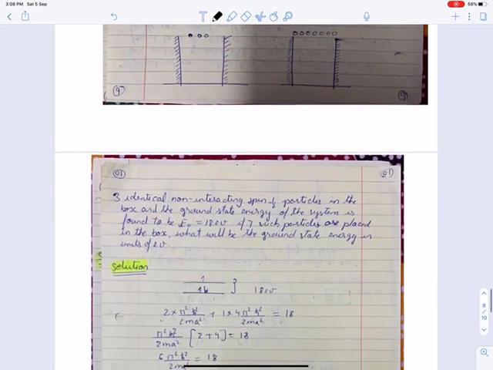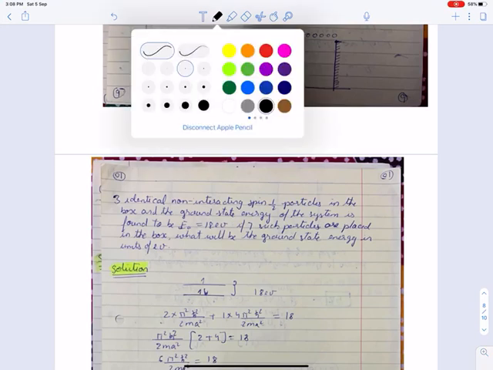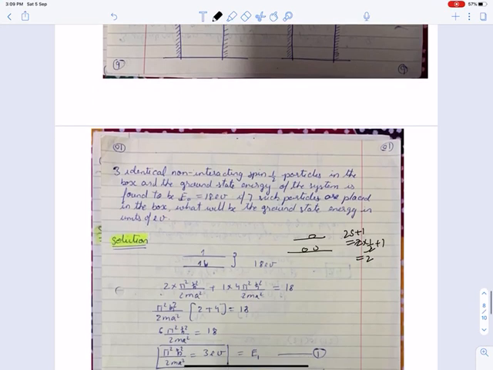If I have to place 3 particles, what I can do is use 2s plus 1, which is equal to 2. So at most 2 electrons can be accommodated.